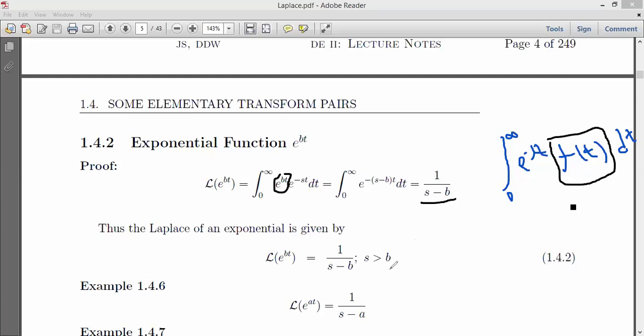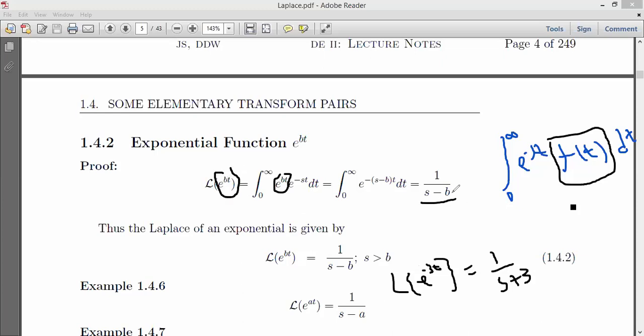If I'm told to find the Laplace of a function, say e to the minus 3t, you can just conclude that the Laplace of this function will simply be 1 over s plus 3.